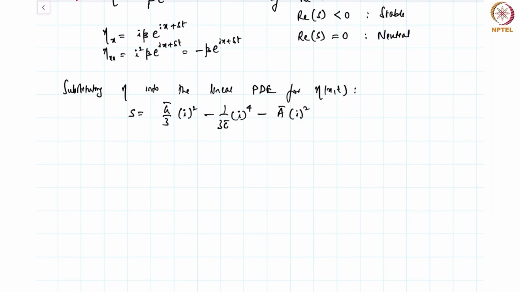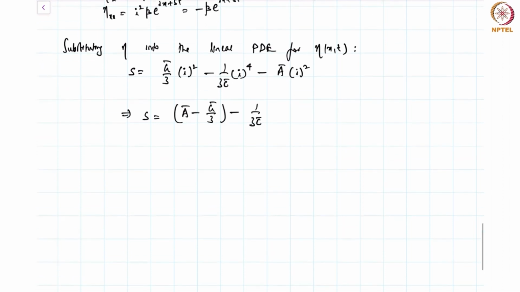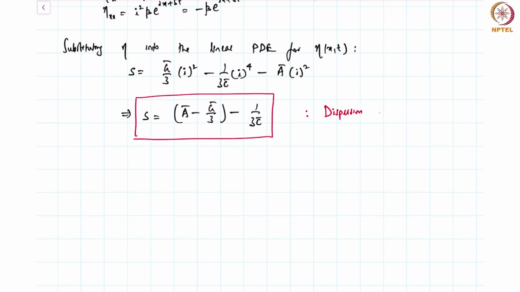The exponential terms on both sides get cancelled out because they can never be 0, and therefore I have a simple relationship. S essentially becomes A bar minus G bar by 3 minus 1 by 3 C bar. This is my dispersion relation.